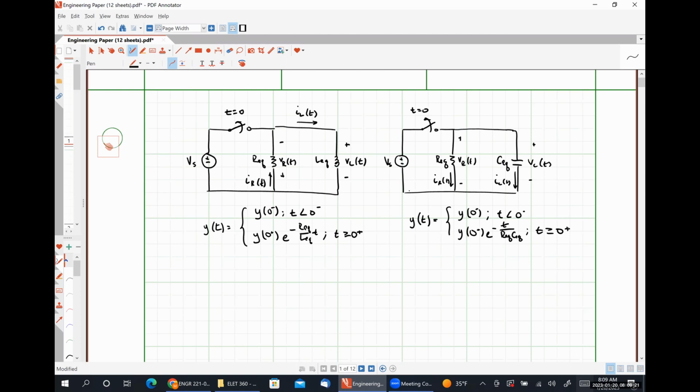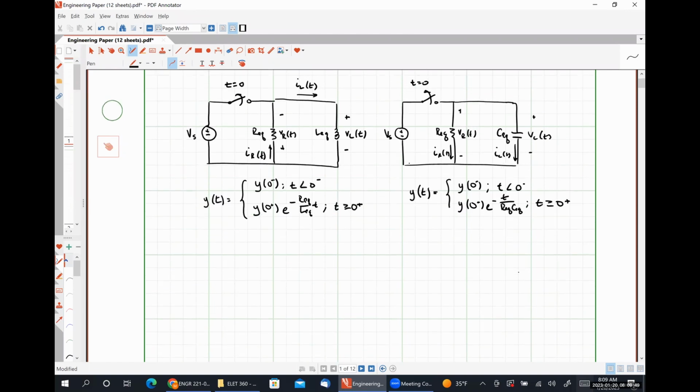Because these systems behave in such similar ways, electrical engineers have developed a quantity called a time constant that effectively allows us to quantify the rate of decay of an exponential function. And we don't really care if the system is an RC circuit or an RL circuit. We only care about the time constant.